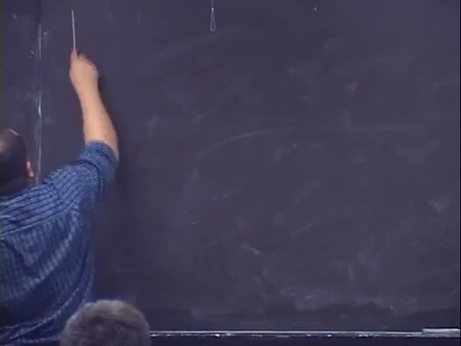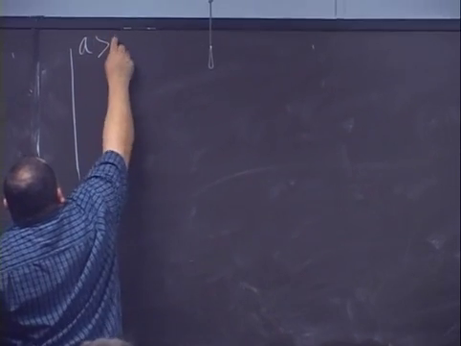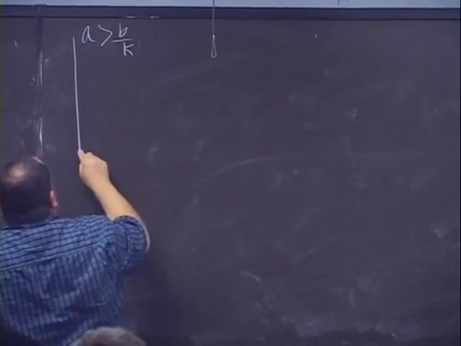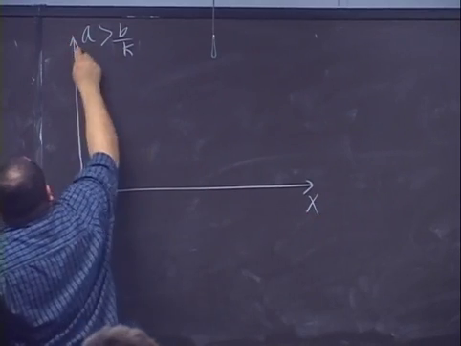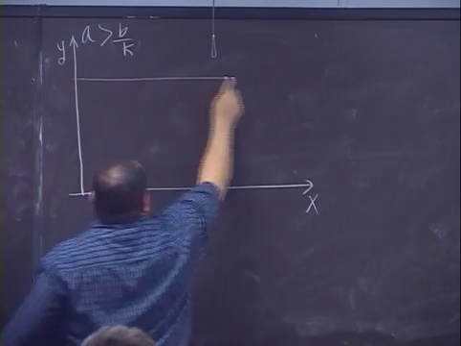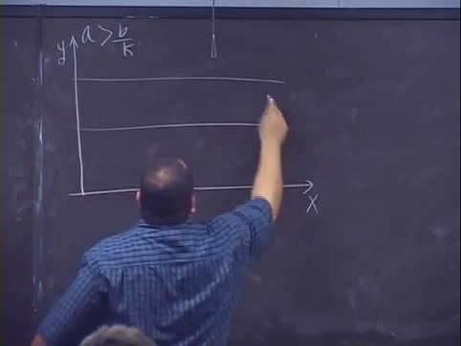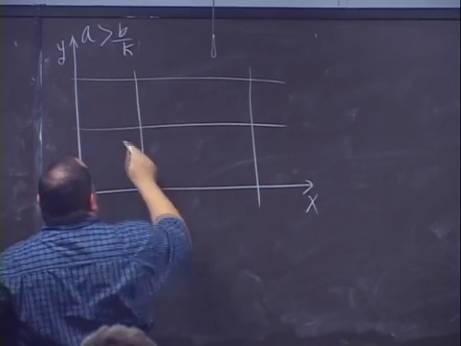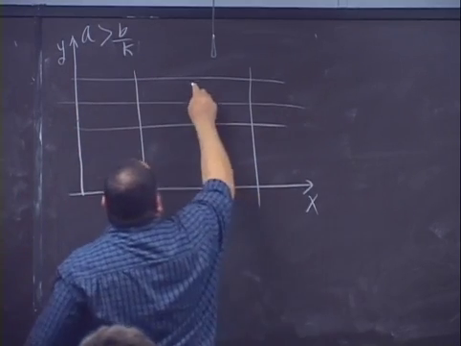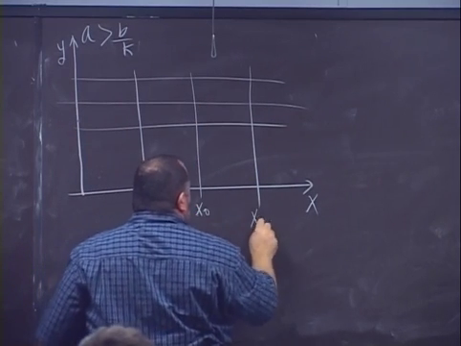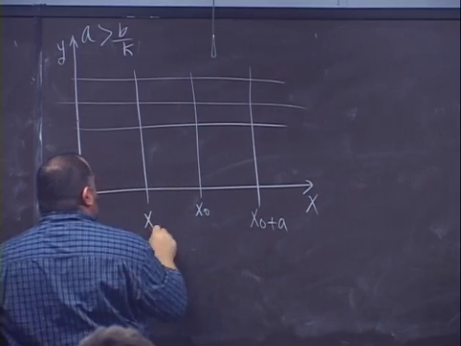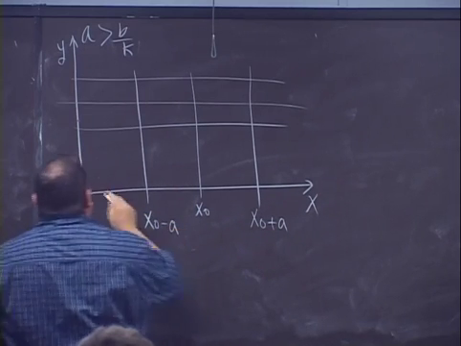So if a is greater than b over k, this is x, this is y again. This is x naught plus a and x naught minus a.